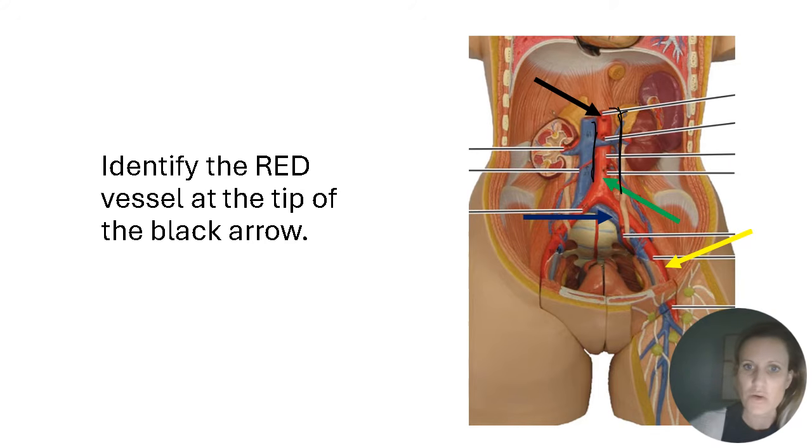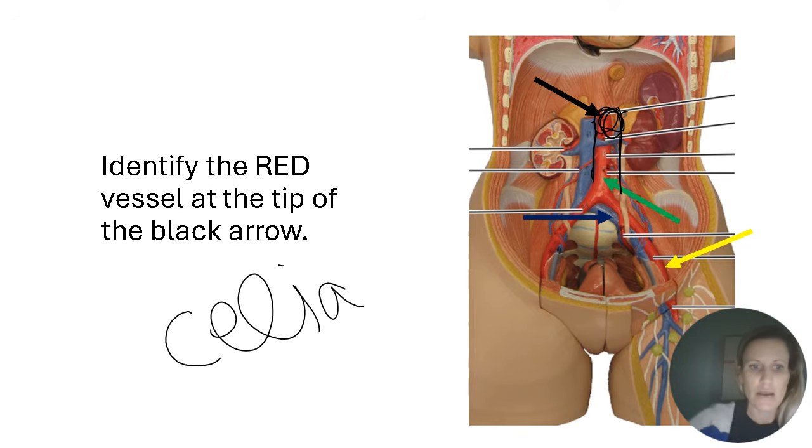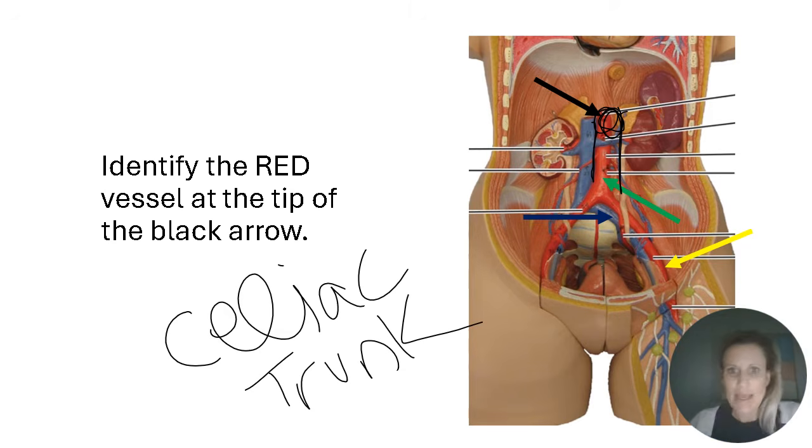Right when you first come through the diaphragm, there's a branch coming off of it called the celiac trunk. The celiac trunk. The next branch is going to be right about there, and that's the superior mesenteric artery, and then the third one is going to be down here as the inferior. But the black arrow is pointing at the celiac trunk.